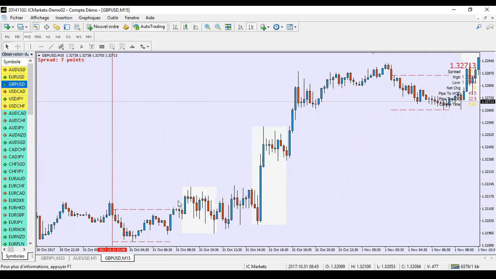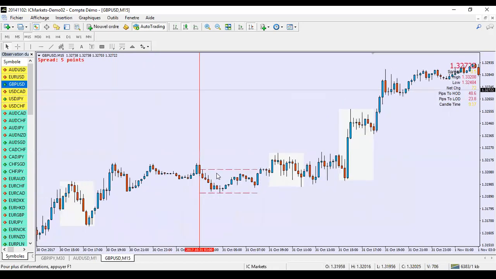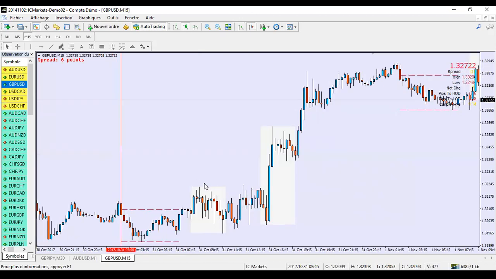So what I do is I have my London session that broke the highest level, that's okay. So the highest level is broken. I'm waiting for buys. So basically I will take the lowest order block, the 3 candles that happened before New York.